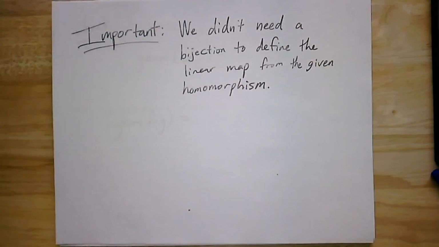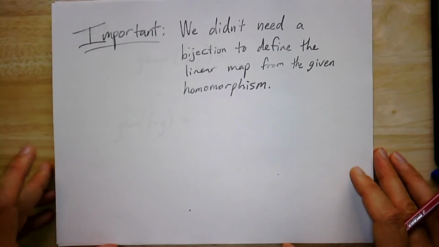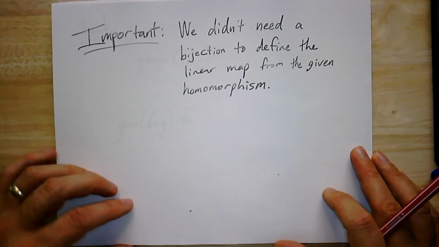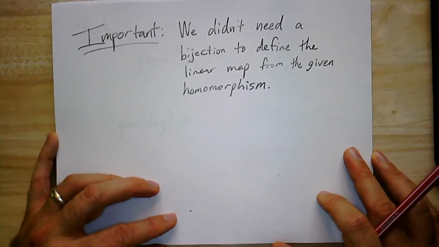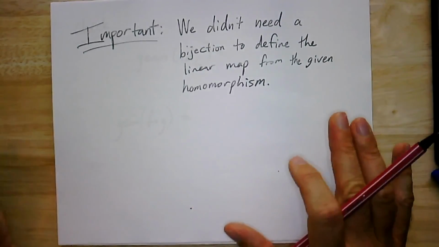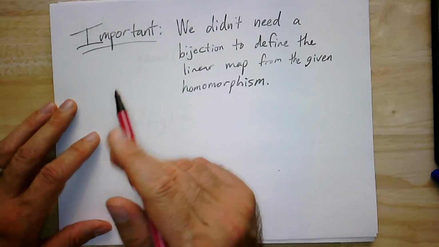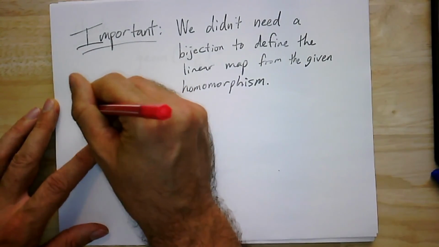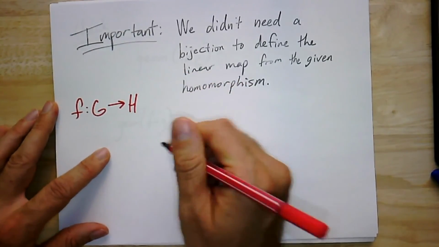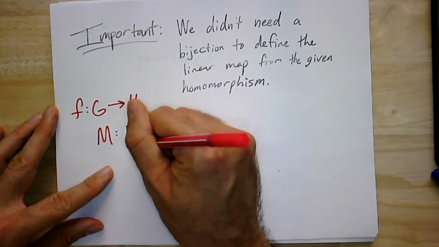All right, but here's a really important fact. We didn't really need a bijection to define this linear map. It seemed nice because we could think of them as permutations, but we could have defined the same exact object even if we didn't have a bijection. So if I had any homomorphism from G to H, I could define a matrix which is going to give me a linear map.